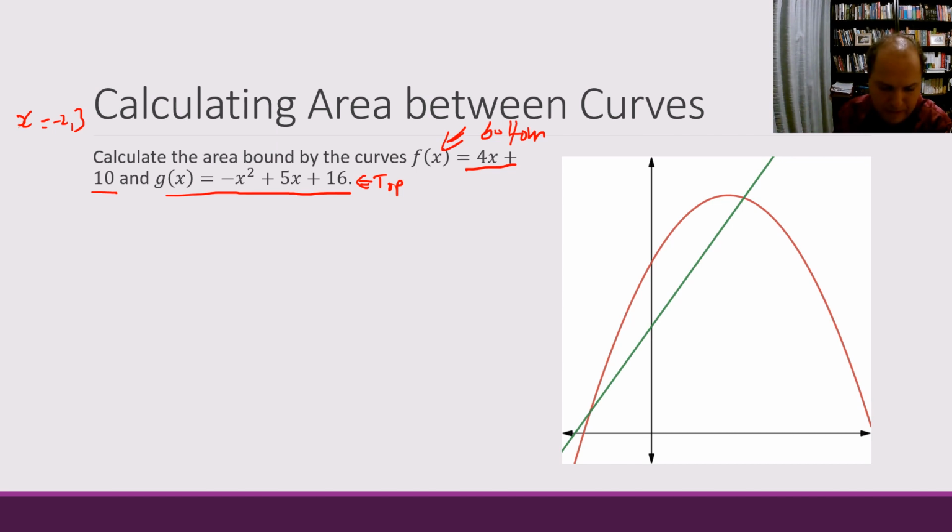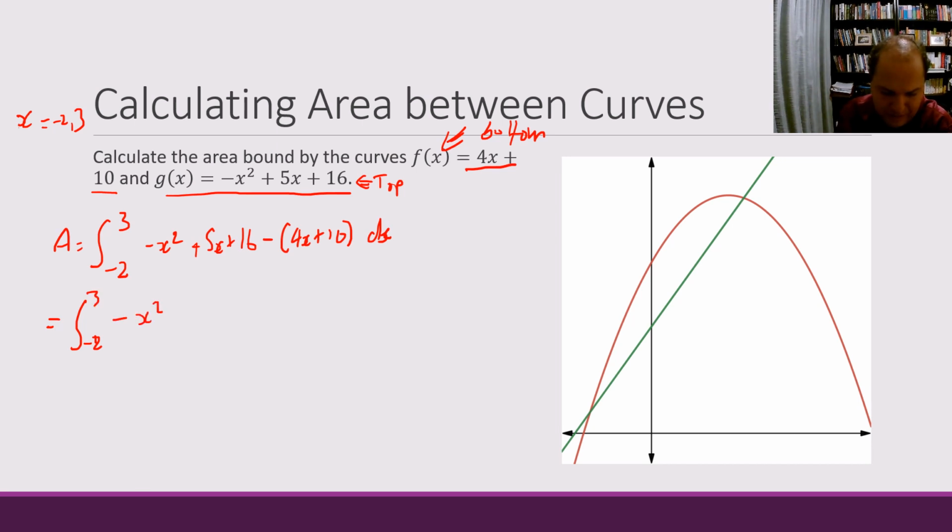Alright, so our area is going to be equal to our integral from -2 to 3. Now our top curve was -x squared plus 5x plus 16. Subtract our bottom curve, 4x plus 10, dx. Simplifying that, it becomes our integral from -2 to 3 of -x squared plus x plus 6 dx.